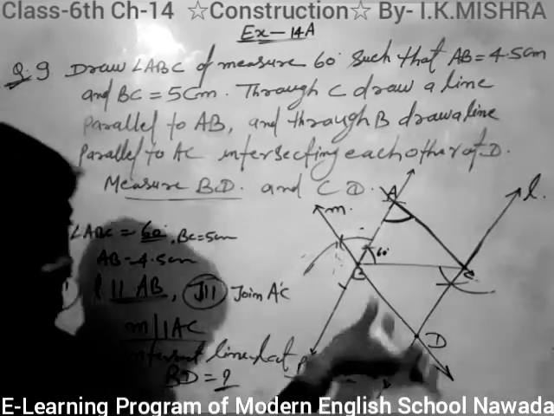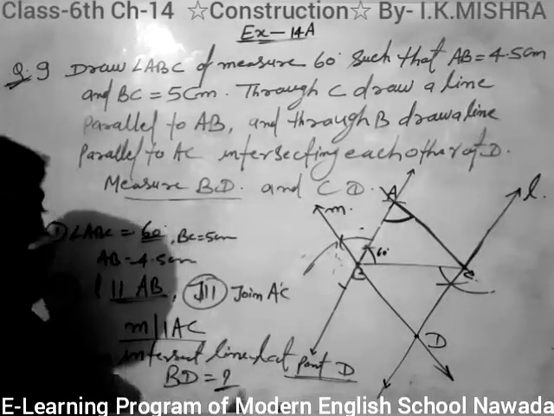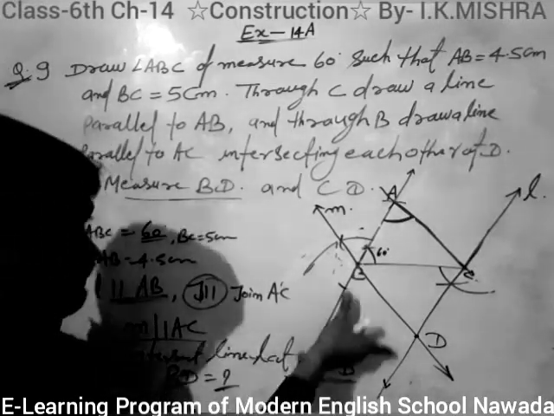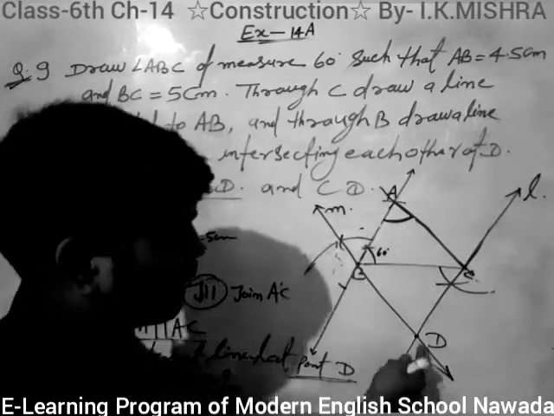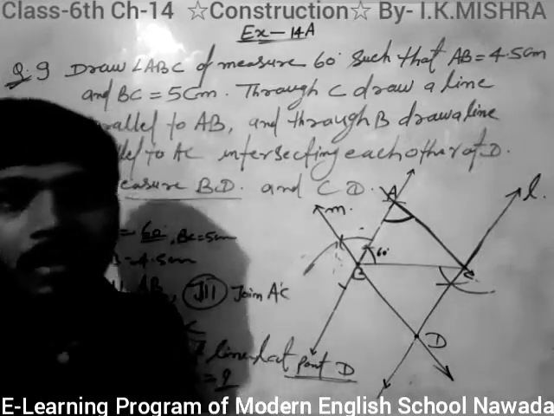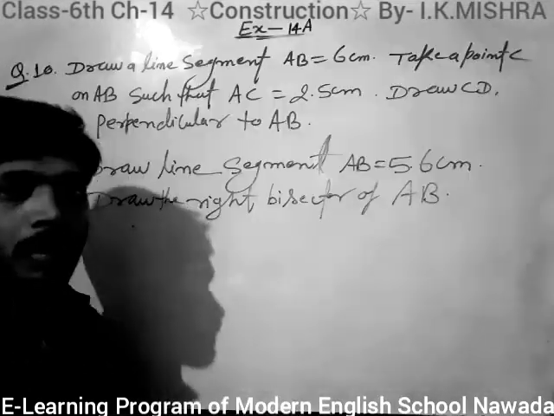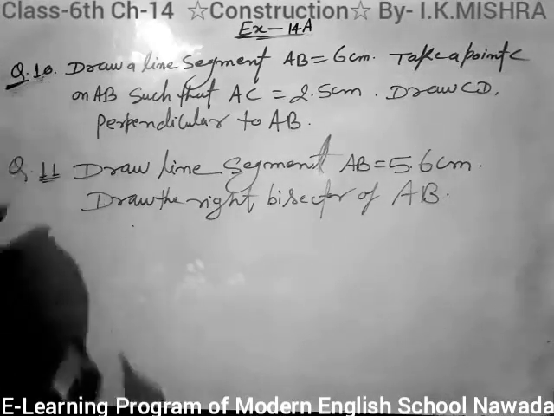If you construct carefully and correctly, then you can write the measurement of BD using a ruler. Clear students? Now proceed.